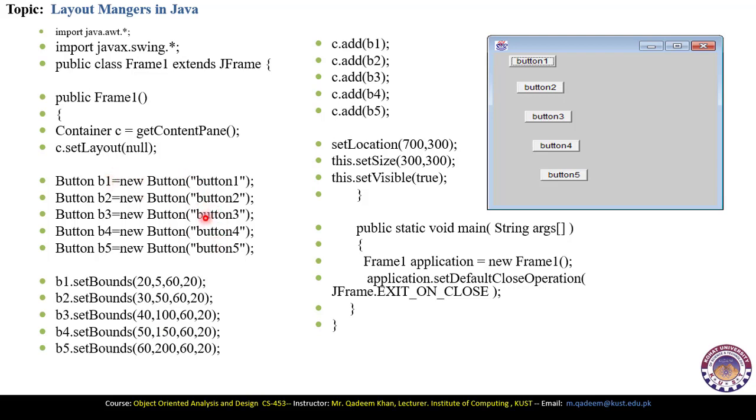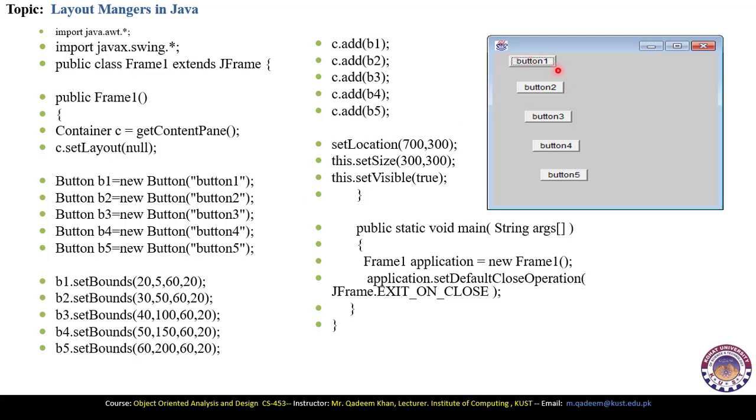Next we have defined 5 different buttons: b1, b2, b3, b4, and b5 through the Button class. Then b1 is set with setBounds 20, 5, 60, 20. So these are 2 points. In the first point we have 20, 5, so 20 positions toward the x-axis and 5 positions toward the down axis. So this is the starting point here, and 60, 20 is the ending point.